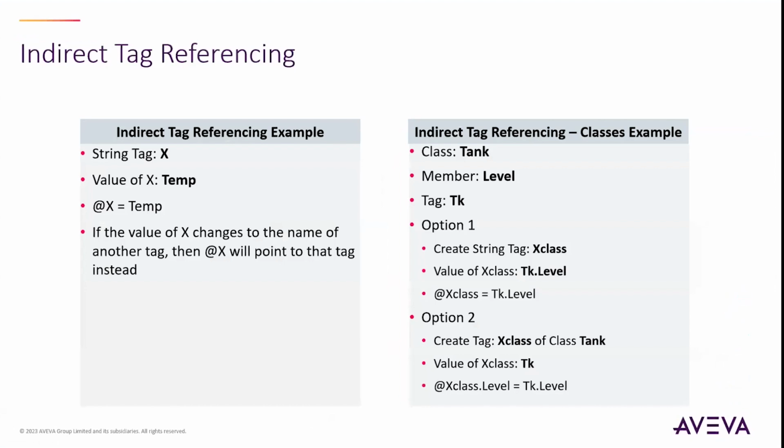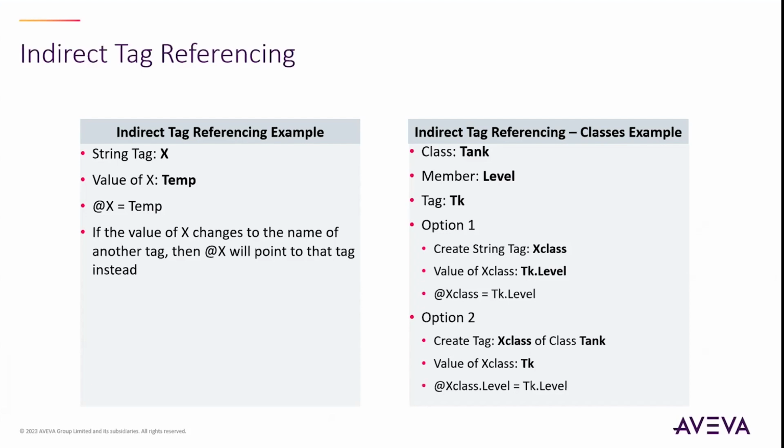So the next thing that we can do with an Edge is indirect tag referencing. What this allows us to do is point to another tag in our project, which gives you some flexibility. I have a couple of examples of how indirect tag referencing works.